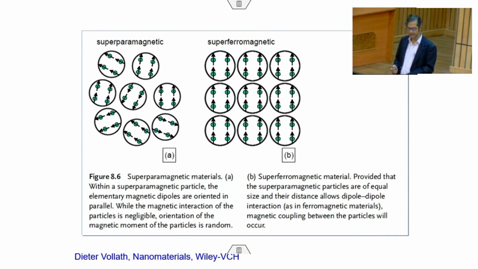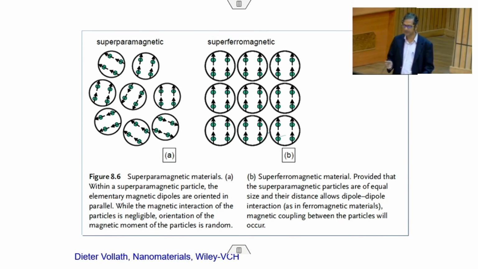However, in case of interacting superparamagnets, like on the right side, additional phenomena will also be observed. So, superparamagnetic particles are of equal size and the distance allows dipole-dipole interaction. That means these dipoles will interact among the particles, and this can lead to a very high magnetic effect, or magnetization actually.